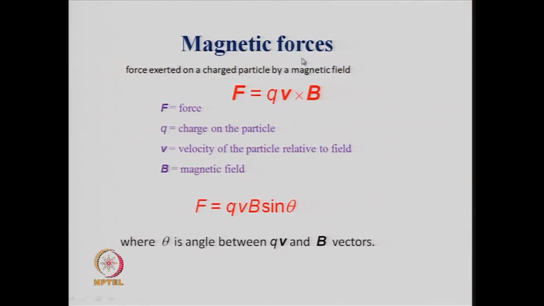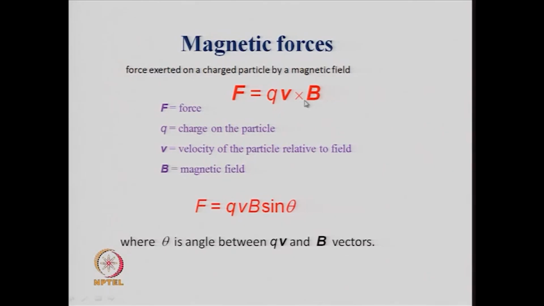The magnetic force felt by a charge q, which is moving with a velocity v in the presence of a magnetic field B, is given by this equation. This is the cross product, and it relates the direction of movement of the charge, that is the velocity vector, and the magnetic field vector.